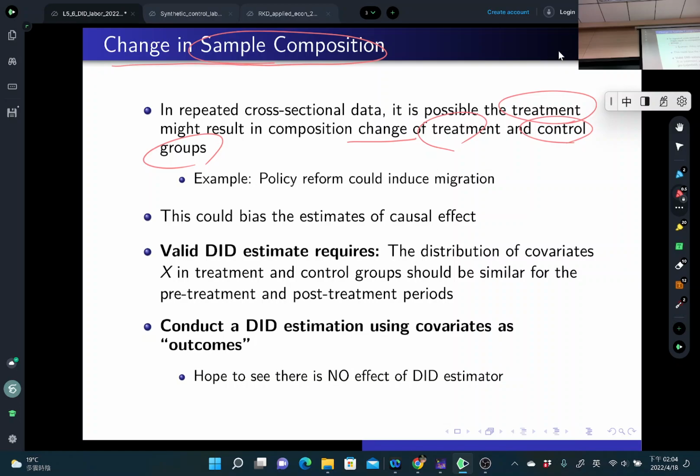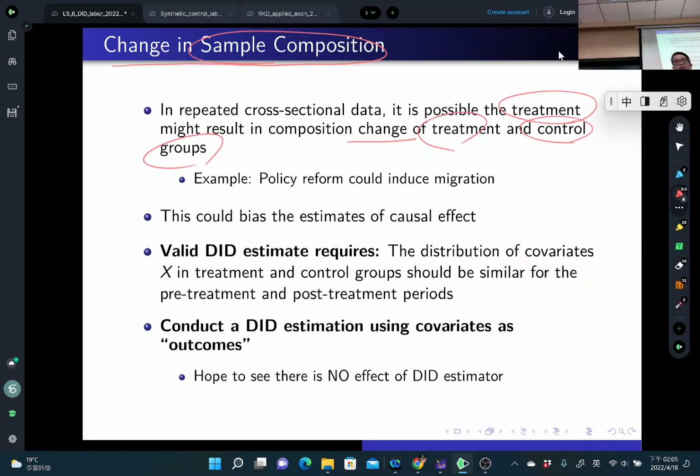So you can use household wealth as the outcome and run the same difference estimation. But you want to see no effect from your difference estimator: the coefficient on the treatment group dummy times the post dummy is not significantly different from 0. That means this covariate does not have a significant change after the policy was implemented, after the treatment happened. Okay, so that's one way to test it.